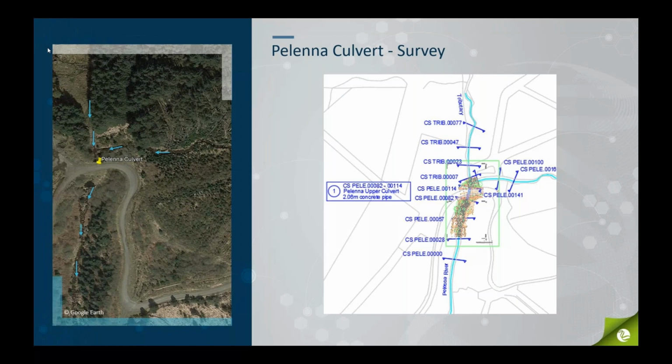We got some cross-sectional data, and also some much more detailed survey data around the culvert and downstream of it. This was quite useful because it allowed us to have additional information. If we needed more information or additional cross sections, we could use that information to add to the model.